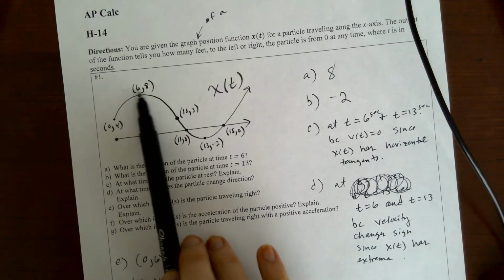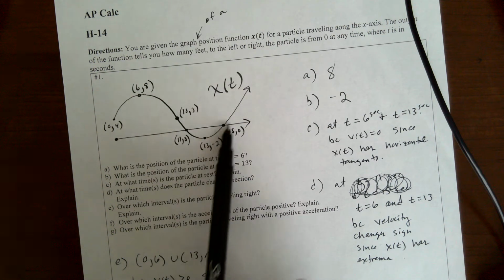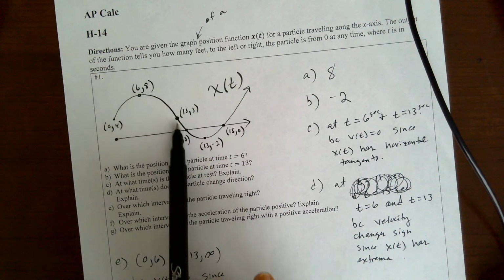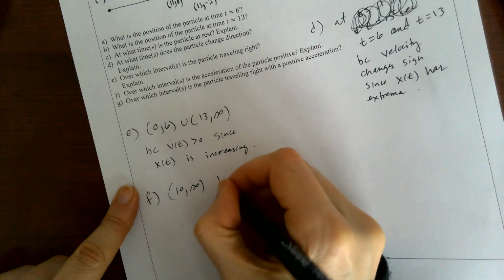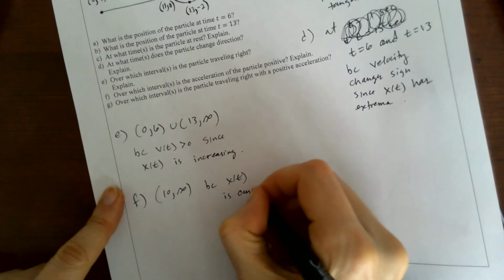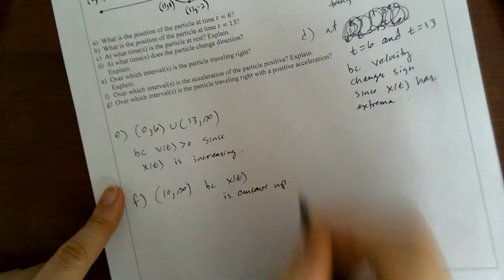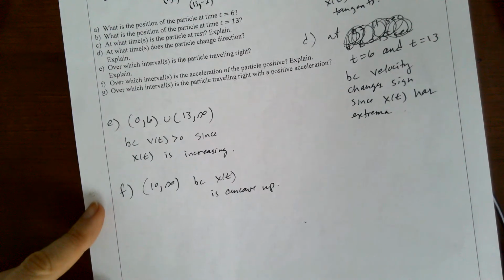That's a downward parabola, and it looks like that's an inflection point, so we've got concave up there. So from 10 to infinity, because x of t is concave up.